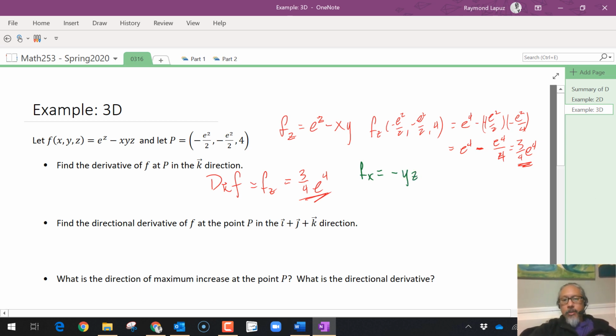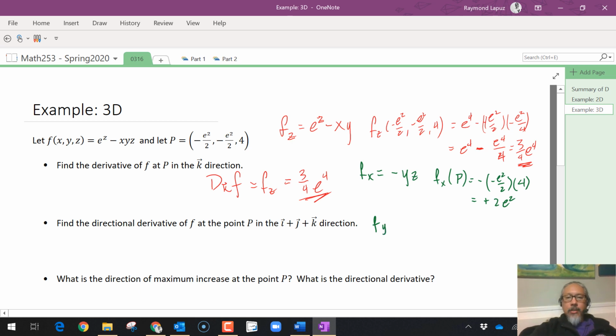Okay, so we need to figure out f sub x evaluated at this weird point. Let's just call it P here. And then I need to put negative, and then the y is going to be negative e squared over 2 times, and then z is just 4, so that becomes a positive. This becomes a positive 2e squared.